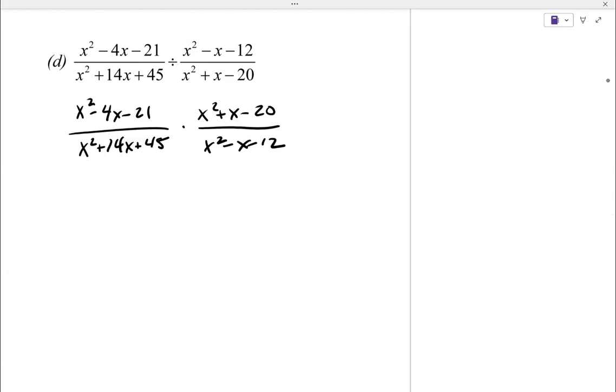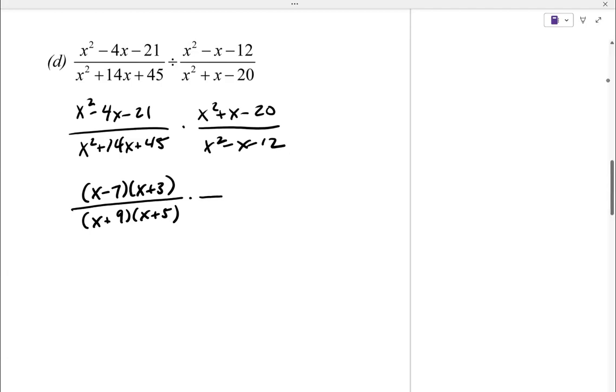All right, now factor everything. How does the first numerator factor? Good. x minus 7 and x plus 3. And then the denominator factors. Good. So what have we got for those two?